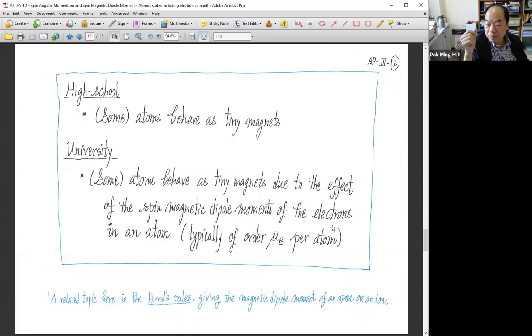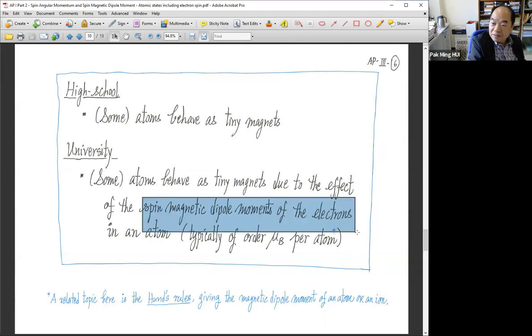Some atoms behave as tiny magnets. That's baby level. Add to it, it is due to the effect of spin magnetic dipole moment of the electrons in the atom. That is quantum mechanical in nature.